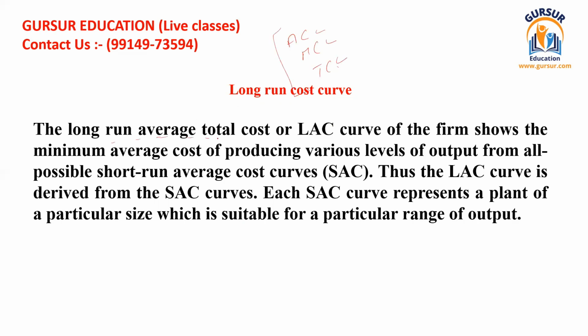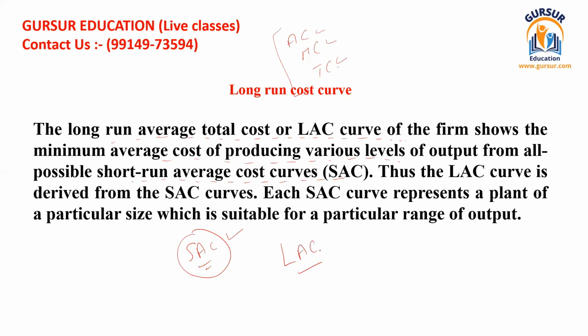So the long run average total cost or LAC curve of the firm shows the minimum average cost of producing various levels of output from all possible short run average cost curves. So this just tells you that if there are different short run average cost curves, then on the basis of these cost curves, you can find the long run average cost curve, okay.